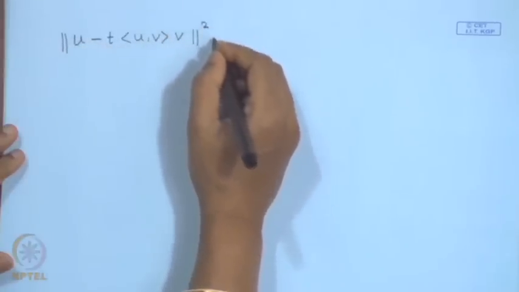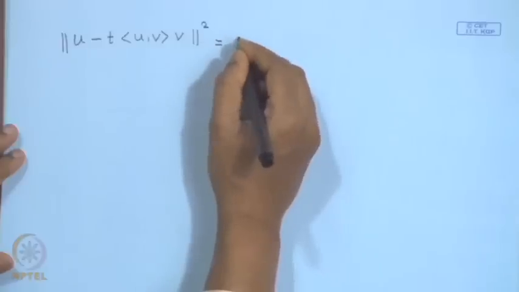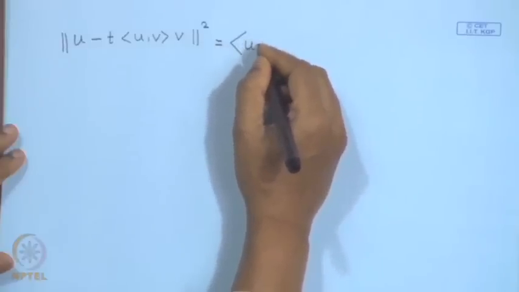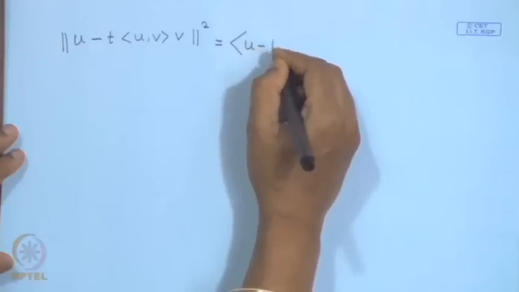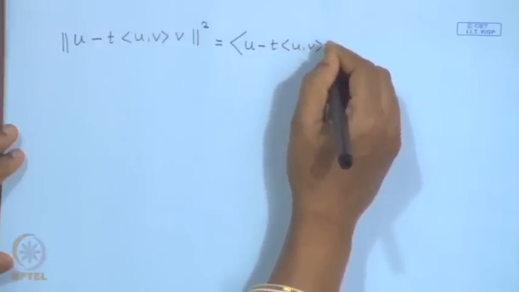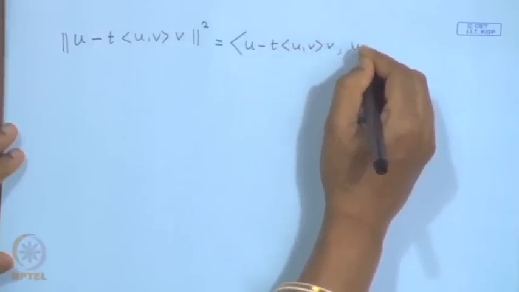the square of this norm, and from the definition of norm we get the inner product of u minus t times the inner product of u, v times v with itself.